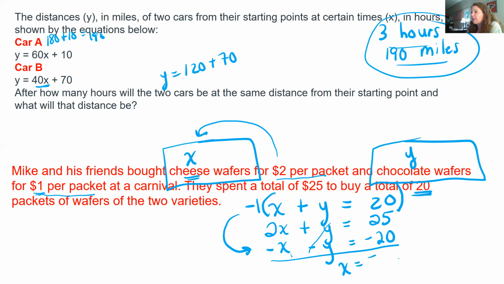And I have 5. So X is 5. We have 5 cheese wafers. And if we have a total of 20, that means we'd have to have 15 chocolate wafers.